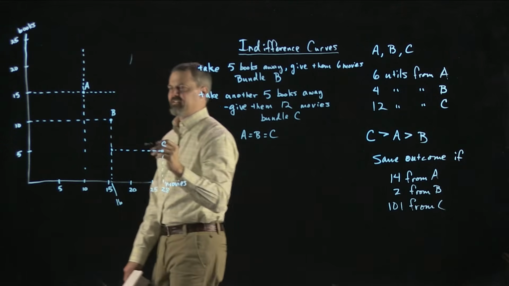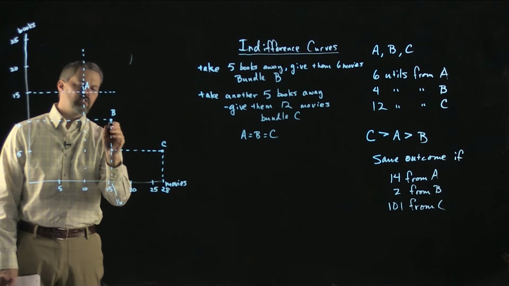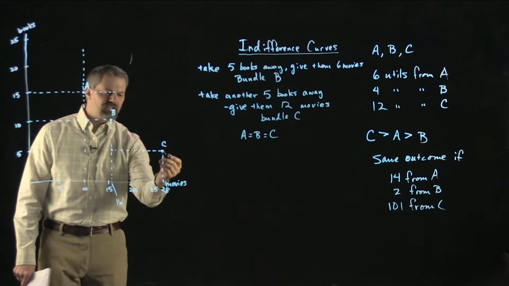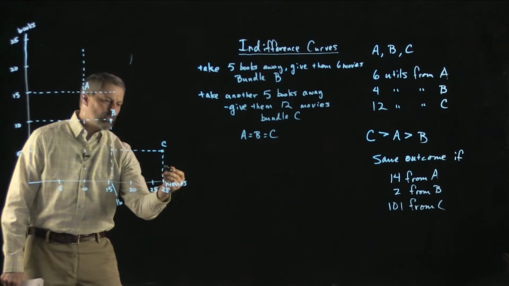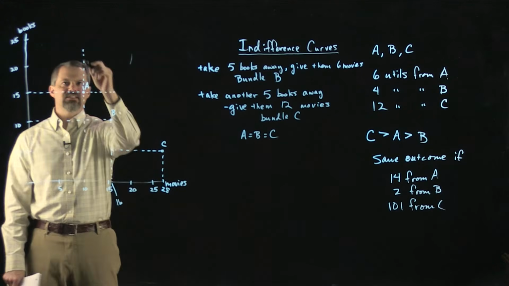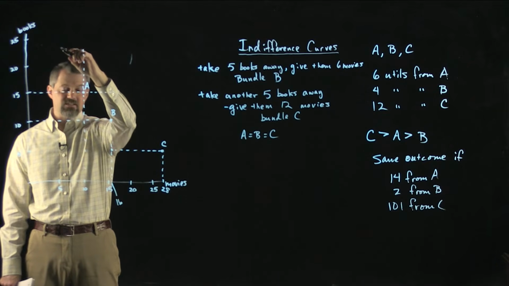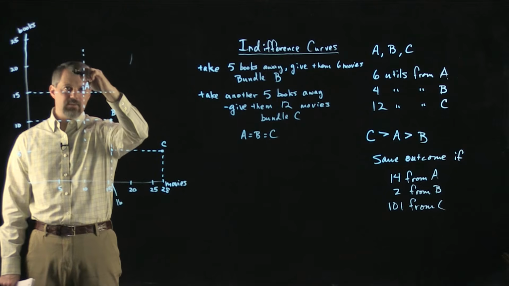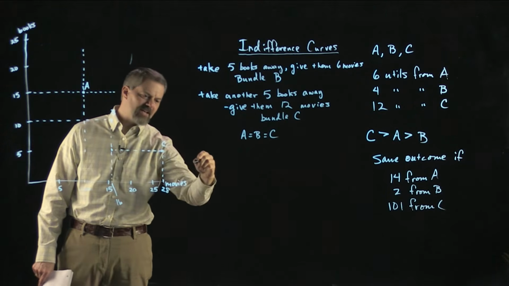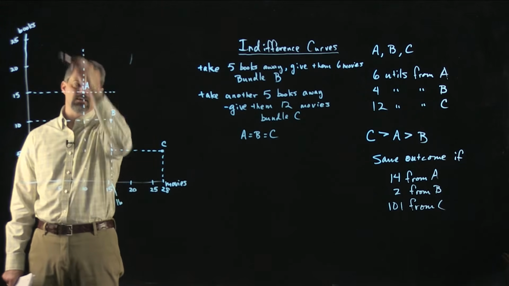So the indifference curve that would go through point A would also go through point B and would also go through point C. Now, if we were to take more books away, we would have to compensate them with additional amounts of movies. And you can tell that what's going to happen to this indifference curve is it's not going to be a straight line, it's going to be a curve. And it's going to come down here through A and through B, and as we move in this direction, it gets flatter and flatter. As we move in this direction, it gets steeper and steeper.